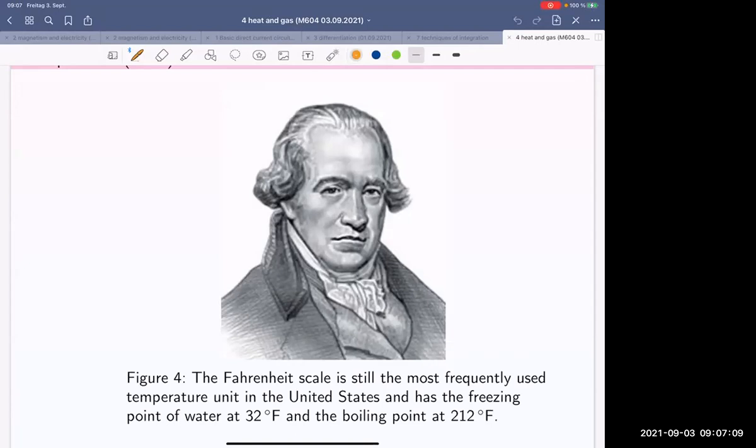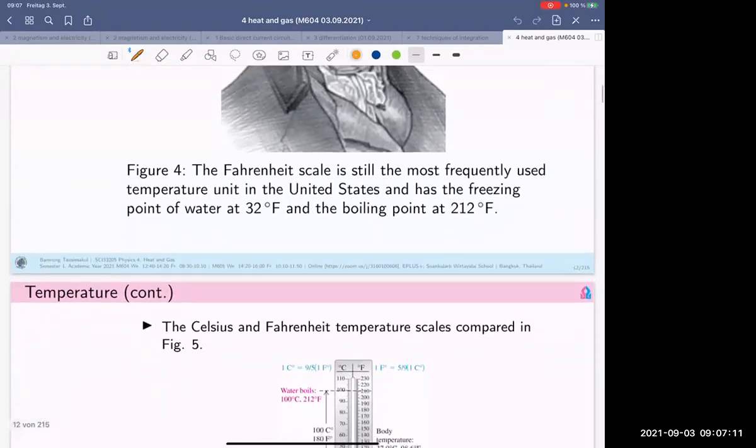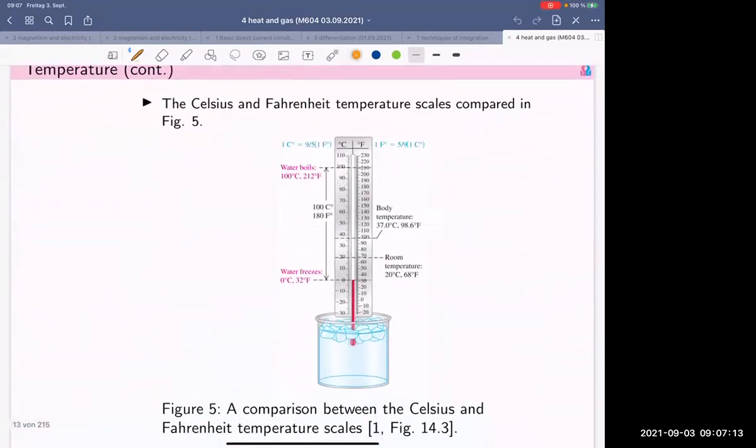The next thing is we see the comparison between the Celsius scale and the Fahrenheit scale. If you are the owner of a company that produces thermometers, you should offer two scales so that you will have more chance to sell the product in different areas around the world.